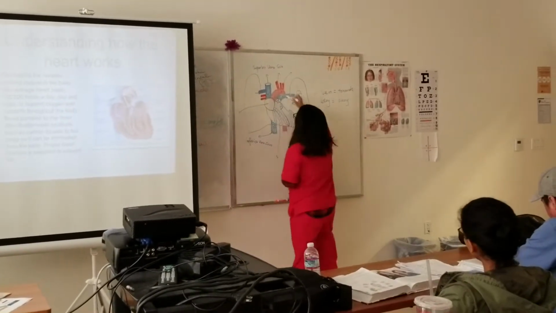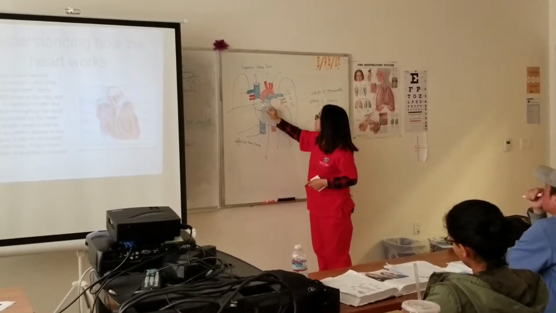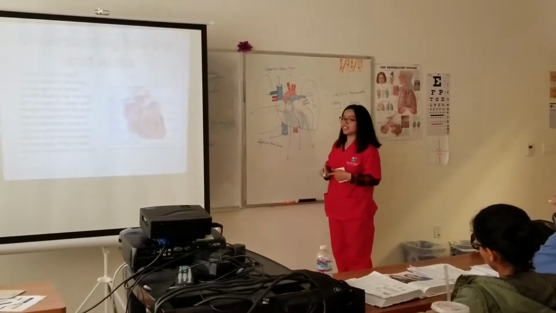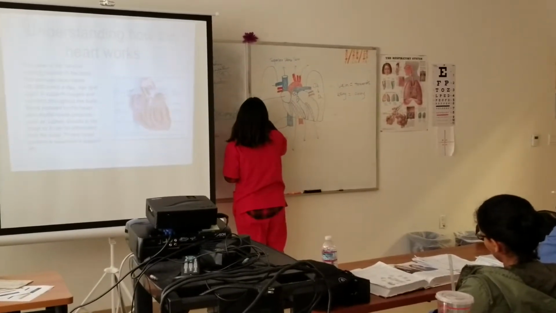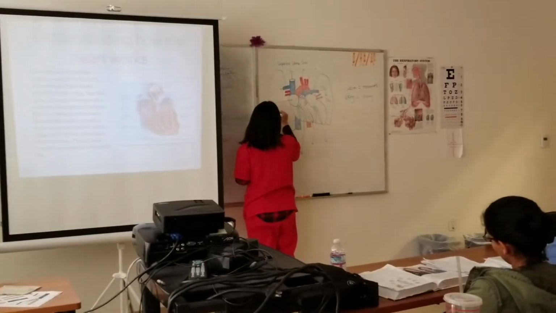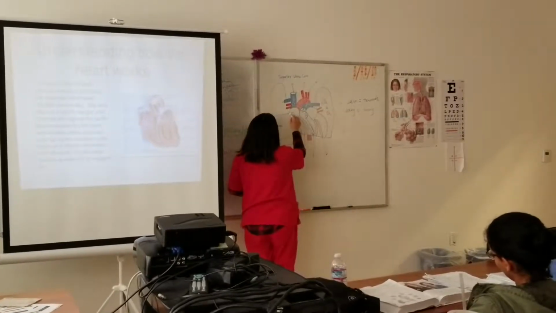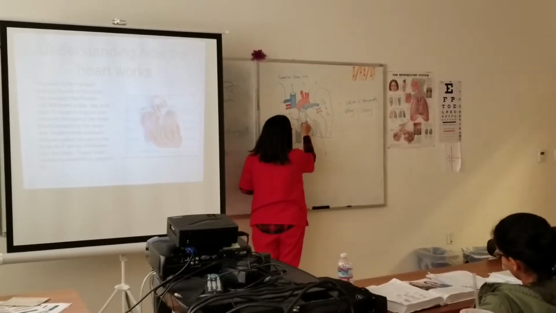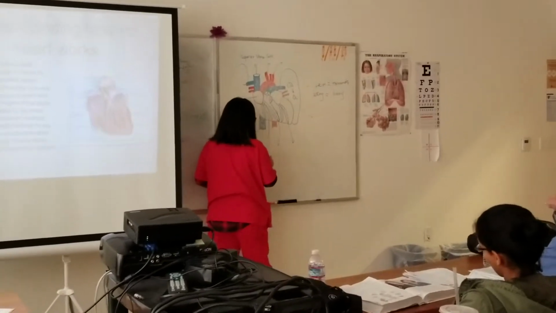The blood goes through these two veins, then goes to the right side, the right atrium. When the right atrium contracts, the blood goes through this valve. This valve is the tricuspid valve.